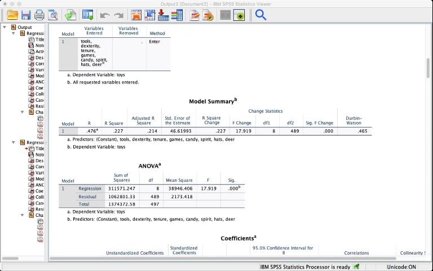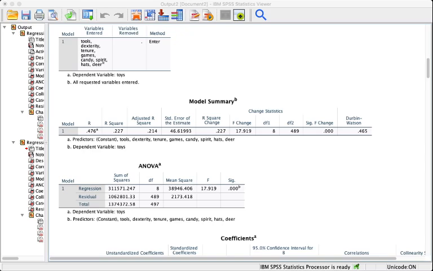So, like I said, independence of errors is typically based on the study design, but the Durbin-Watson can kind of help us understand if the amount of error in the model is correlated with the predictor variables in the model.